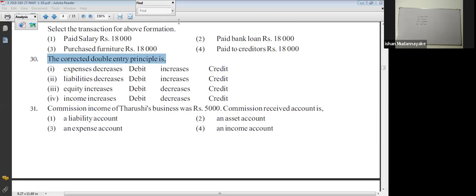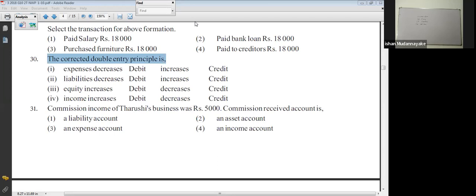Yes, Anusara, the answer is correct. Yes, Monali, correct. Right, Lamai, what is the answer for question number 30? Sarah, what is the answer for question number 30?